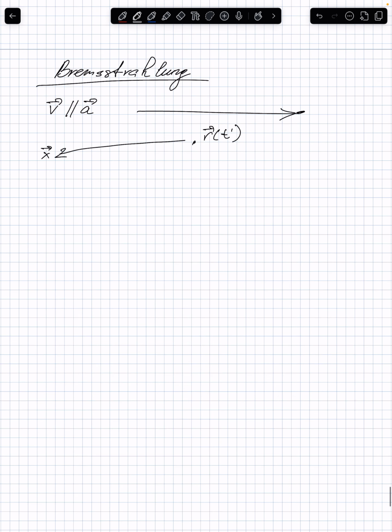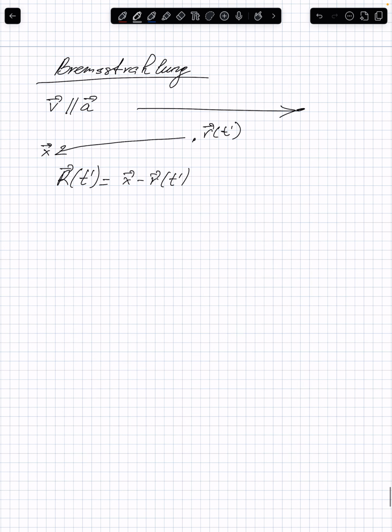So as before we define capital R as the difference of these two vectors. And let's introduce the angle.